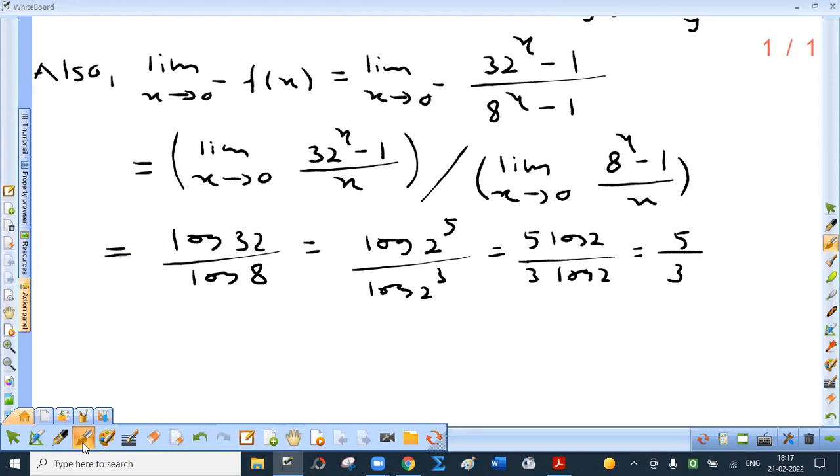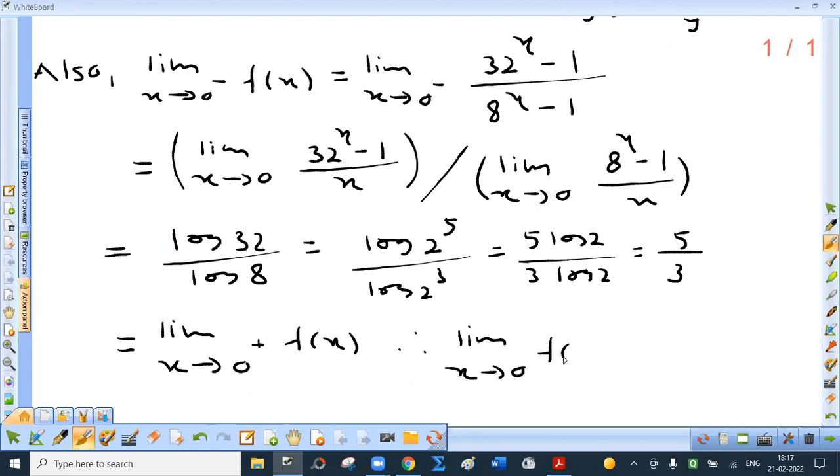After this, we have to say this is equal to limit x tends to 0 plus f of x. Left hand limit is the same as right hand limit. Right? Therefore, I will just say limit x tends to 0 of f of x comes out to be 5 by 3. Now, can we conclude that the function is continuous?